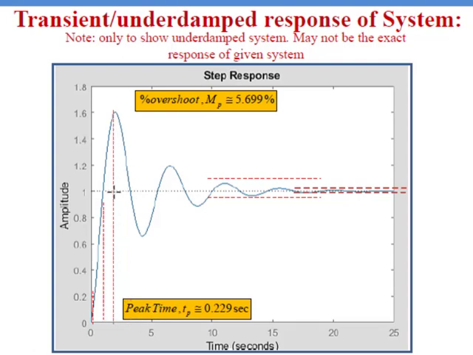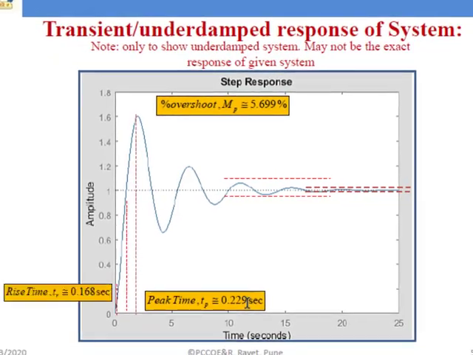Peak time is the time where the first maximum overshoot occurs. This is the value which we measure from 0 on the time axis. This gives us 0.229 seconds. Next is the rise time. Rise time is the time required for the response to rise from 10% to 90%. Between 10% and 90% rise, the time we have measured is 0.168 seconds.